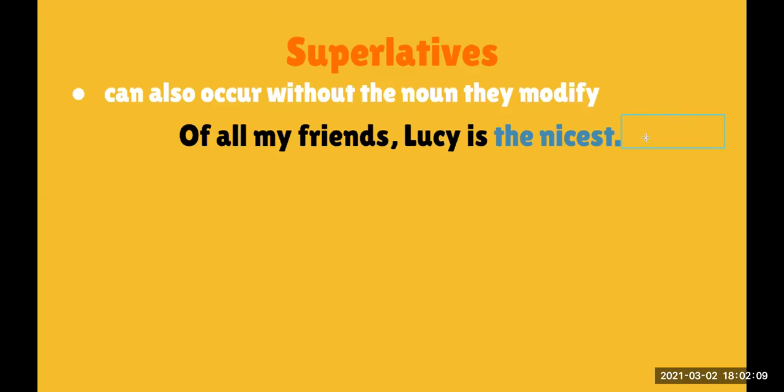So that's why we don't repeat a noun after the superlative form. Can you give me an example with a superlative form without a noun?